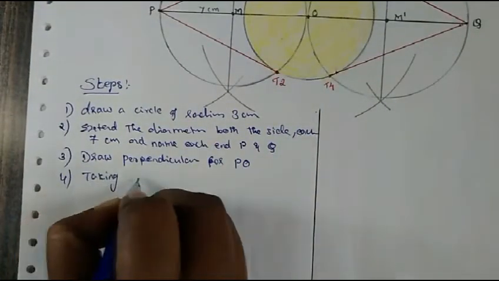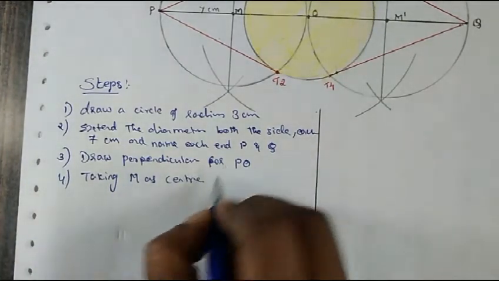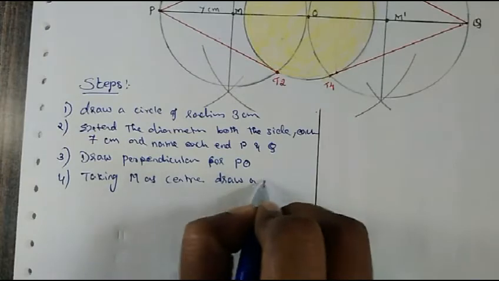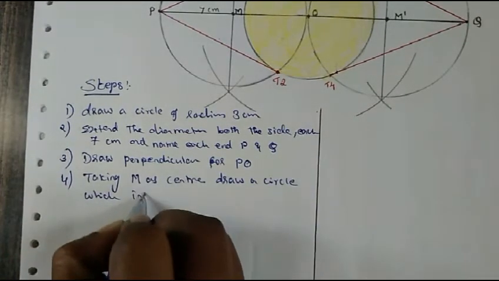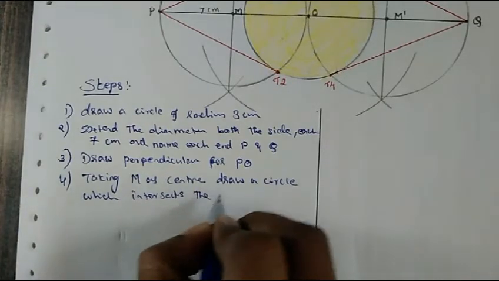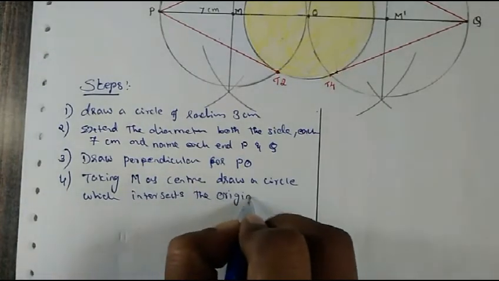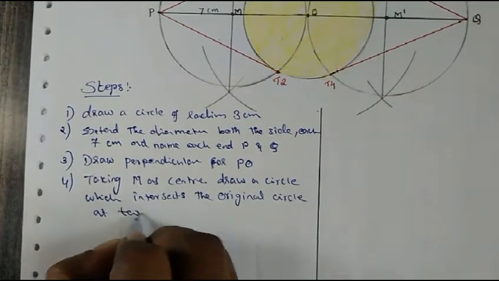Taking M as center, draw a circle which intersects the original circle at 2 points.